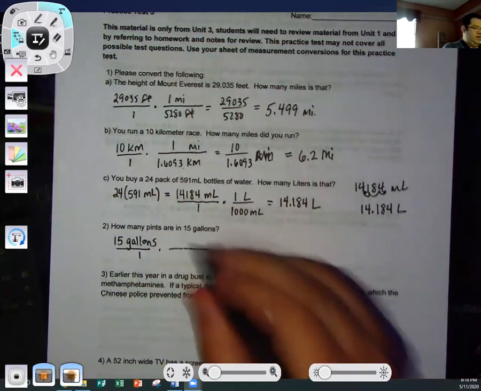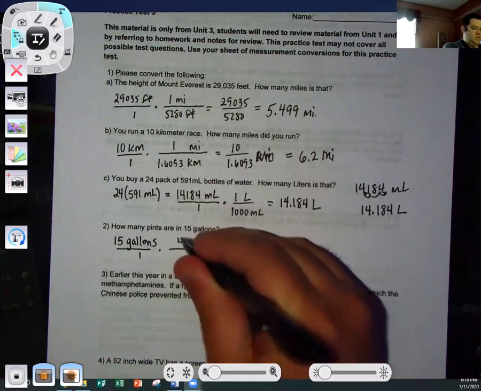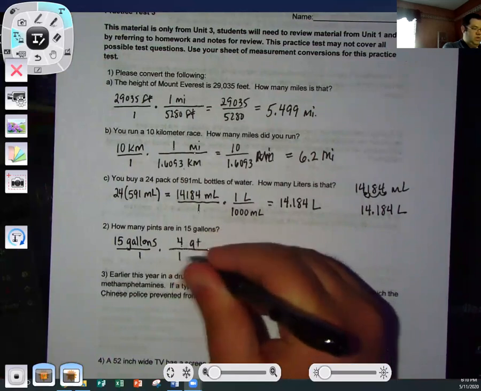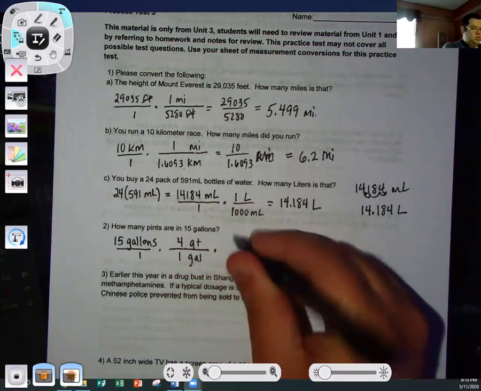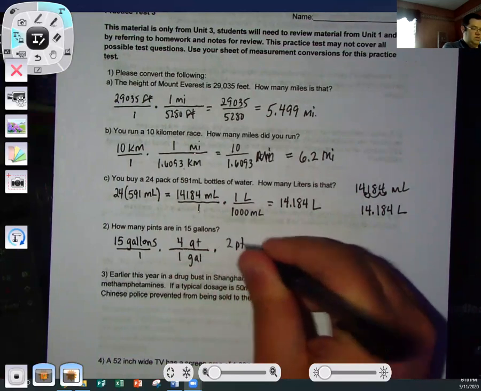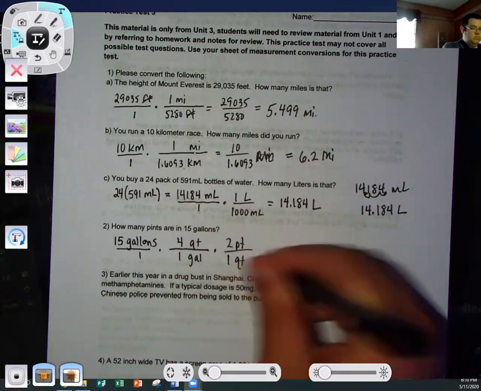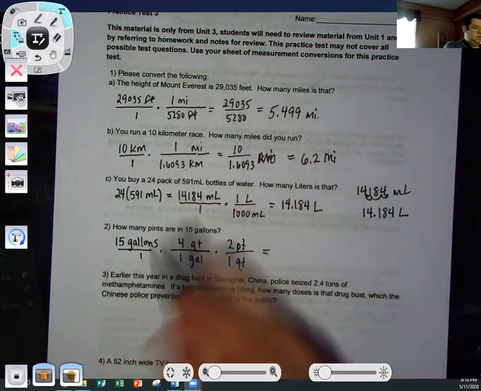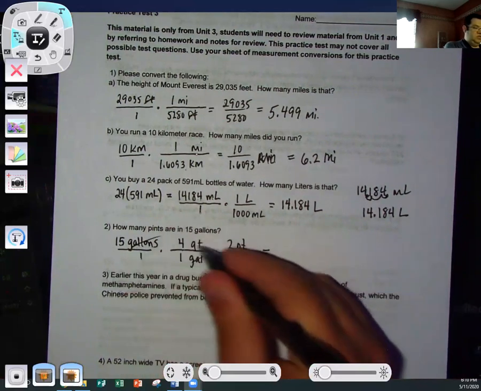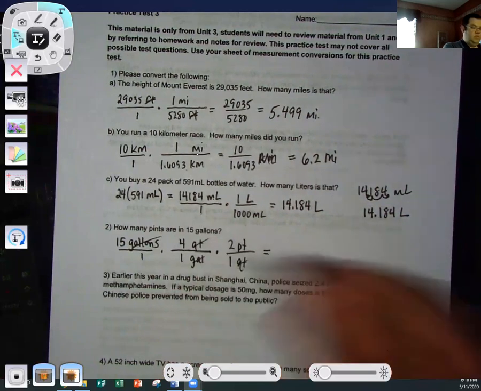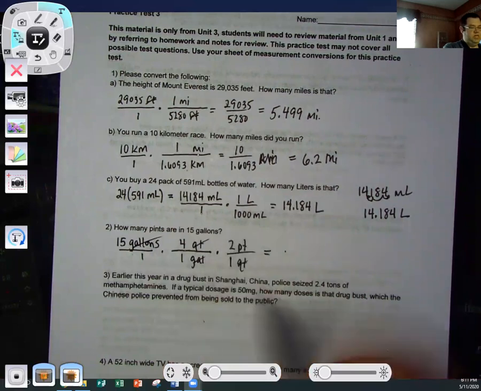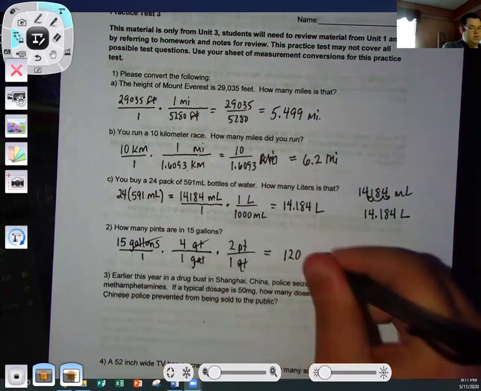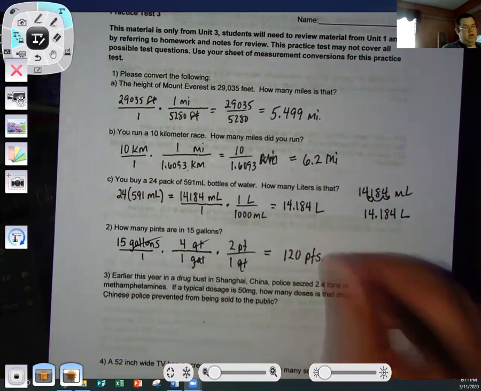We know that there are 4 quarts in a gallon, so it'd be 4 quarts over 1 gallon. And then we know that there are 2 pints in a quart. Notice that gallons cancel, quarts cancel. We multiply straight across. 15 times 4 is 60. 60 times 2 is 120. So we end up with 120 pints.